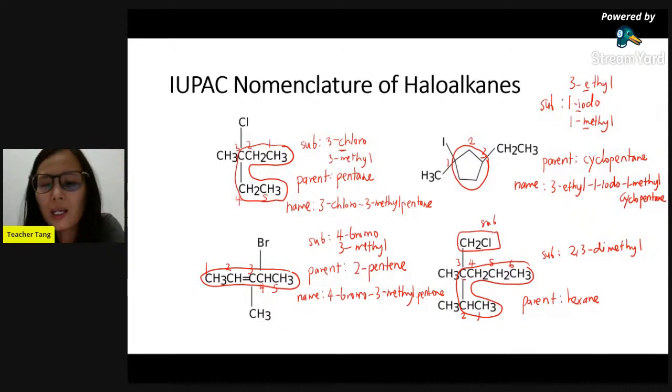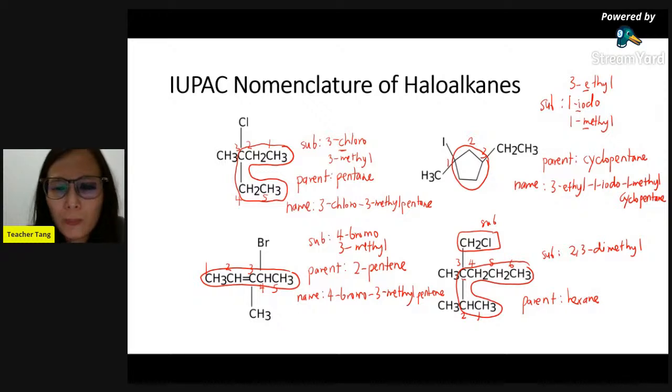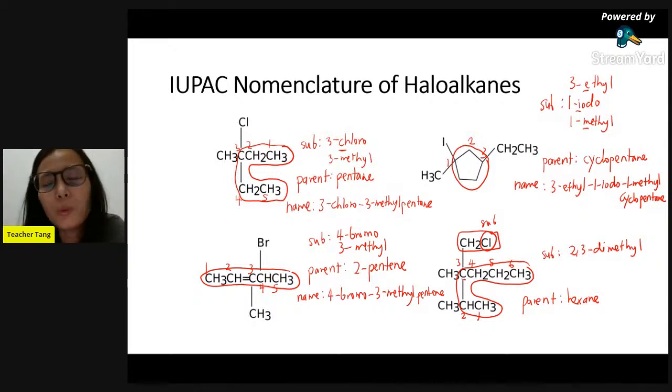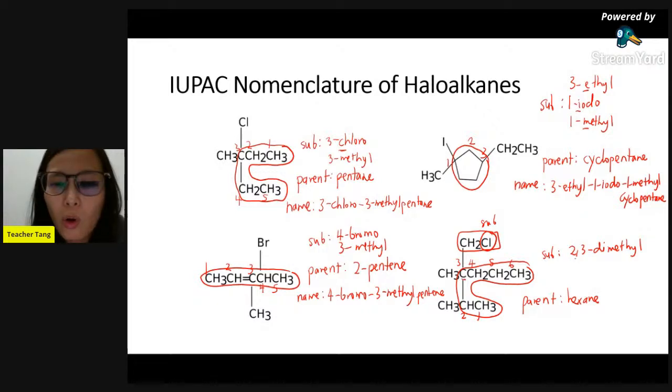So how do we put the substituent? Can you see that inside this substituent, we have another substituent, which is chlorine. When we have a substituent that has another substituent inside it, how do we write it? We need to write the position on the parent chain. It is number 3. Inside this carbon number 3 substituent, we have another substituent.